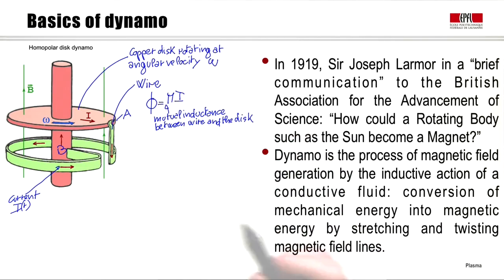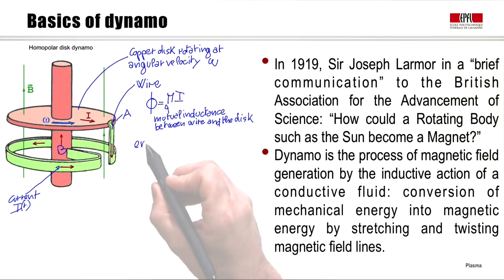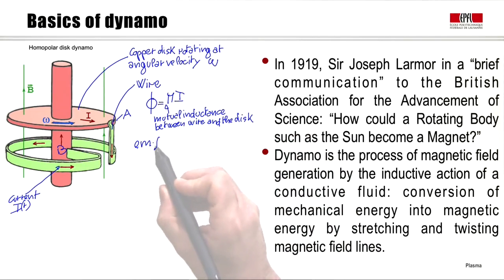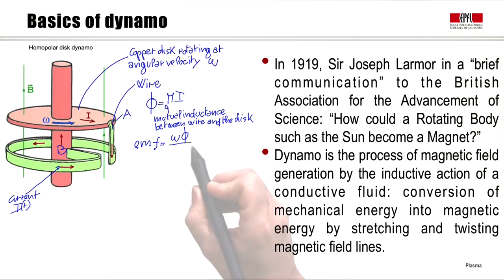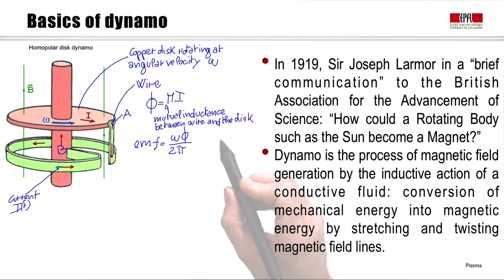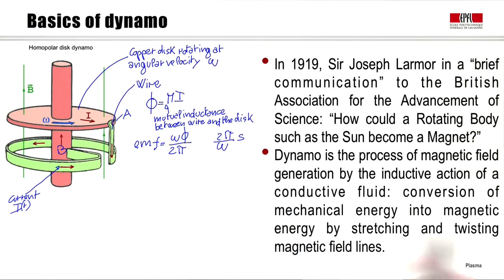The rotation of the disk in the presence of this magnetic flux generates a radial electromotive force which is equal to the angular velocity times the magnetic flux phi divided by 2 pi. This is due to the fact that a radius of the disk cuts the magnetic flux phi once every 2 pi over omega seconds. The rotation of the copper disk therefore results in a potential difference between the axis and the edge of the disk.